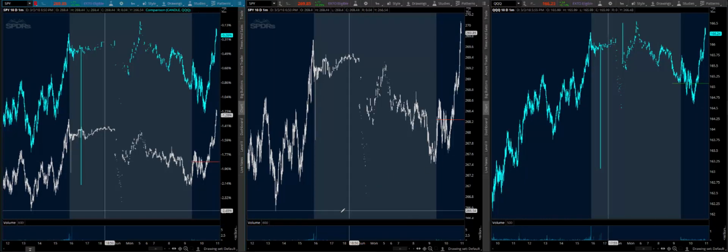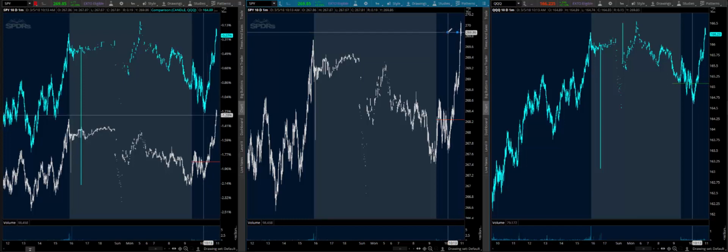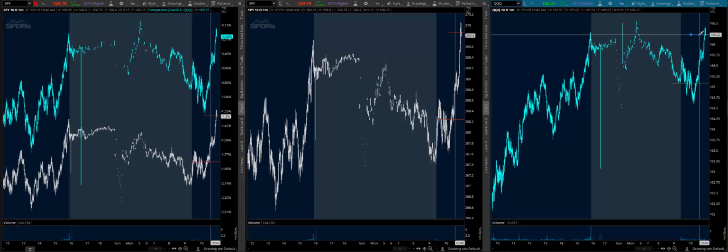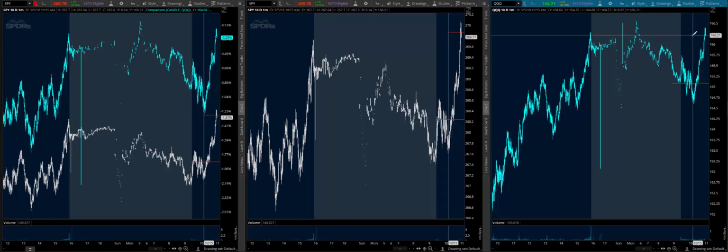So that's exactly what we're going to do right now. I'm going to add to my short at 126.87, and I'm going to add to my long at 166.22. So we're going to do that.